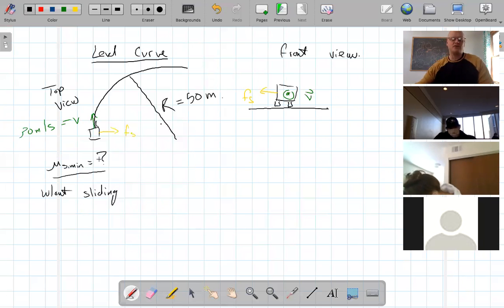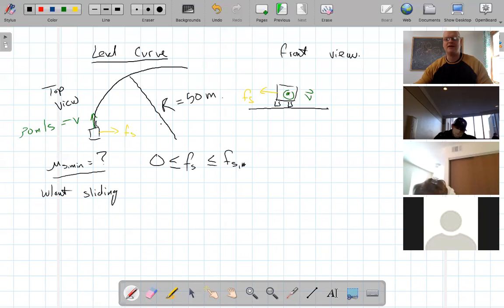Now, this goes to something we mentioned before. When it comes to static friction, remember, static friction can be anywhere between 0 and the maximum amount. Let's recap about static friction. Static friction can go anywhere from 0 up to a maximum amount, and that maximum amount is equal to the coefficient times the normal force.